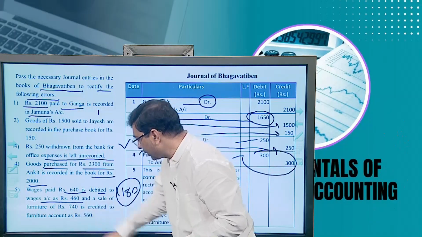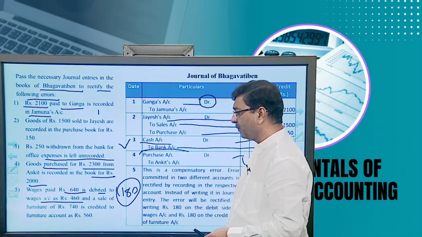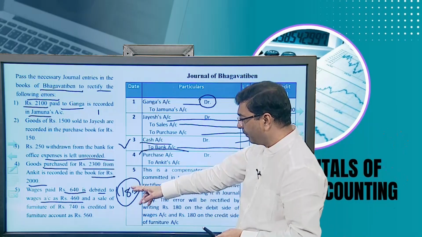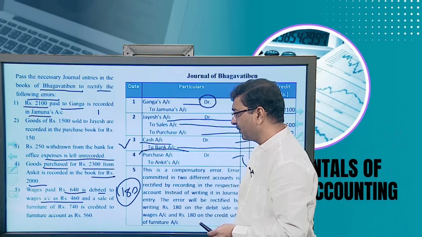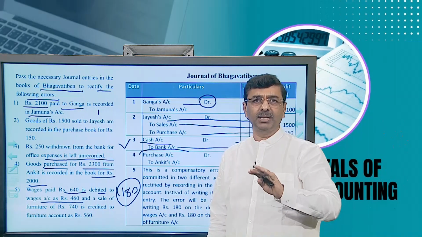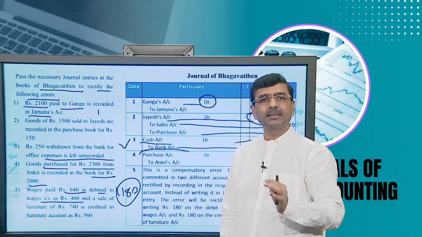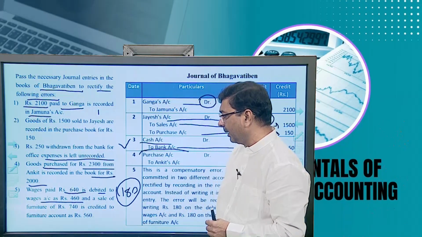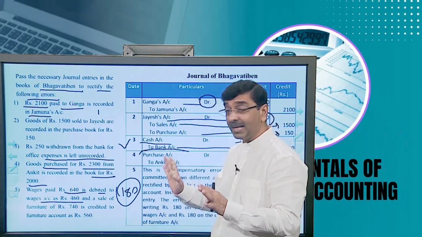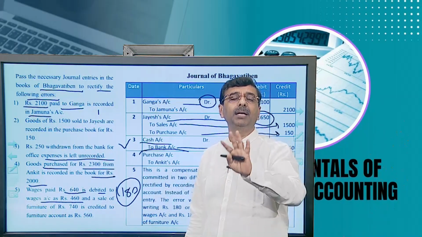And a sale of furniture 740 credited to furniture account as 560. Furniture is sold, so the furniture account has to be credited. Cash comes in, cash is being received. But in the furniture account it was recorded lesser. It means that in cash transactions both the entries were rightly affected.